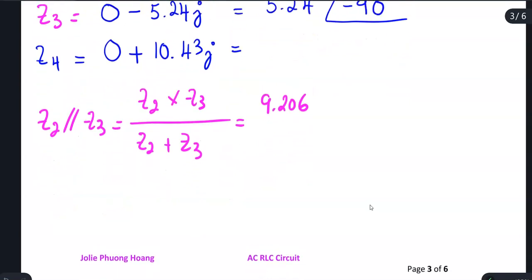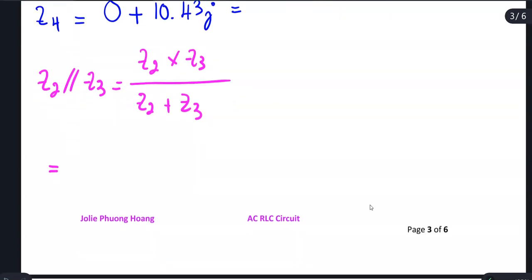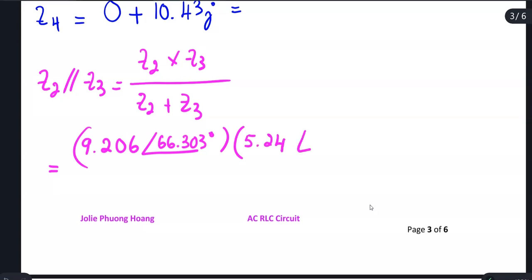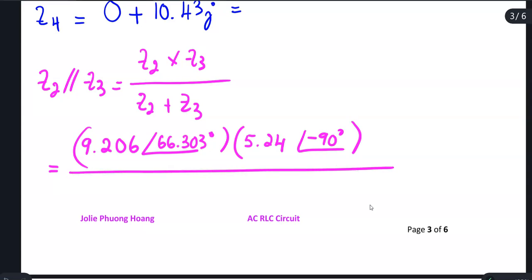Alright, I think I will go to the next line, so I have more space. Alright, okay. So it will be equal to 9.206, the angle is 66.303 degrees, and I multiply this with 5.24, angle is negative 90 degrees, and I divide by Z2 plus Z3, and this time I have to fill it in as rectangular form.